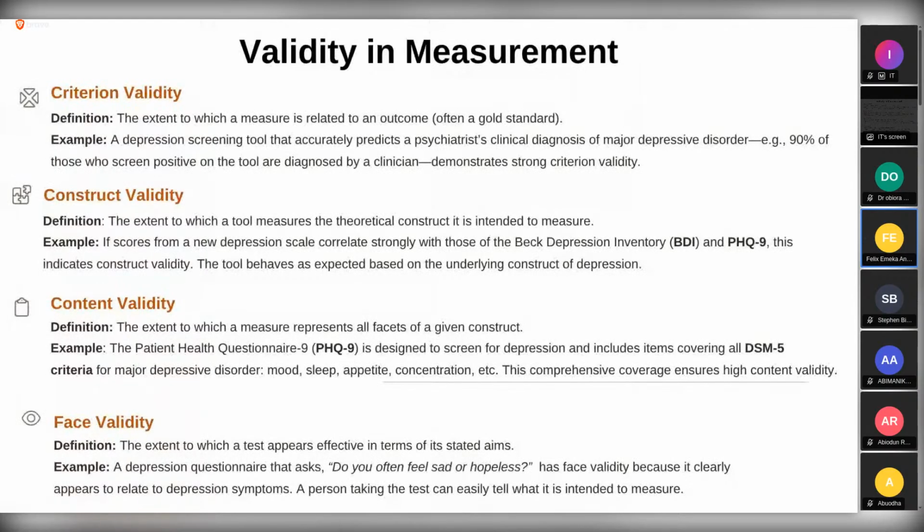All right. Now, the final one is the content validity. I will give an example of the tool I told you about that I used to measure noise-induced hearing loss. I think I asked them like 15 questions, and I did a content validity.